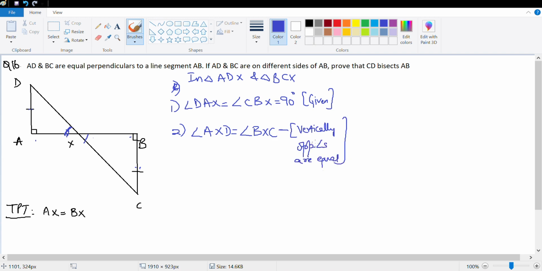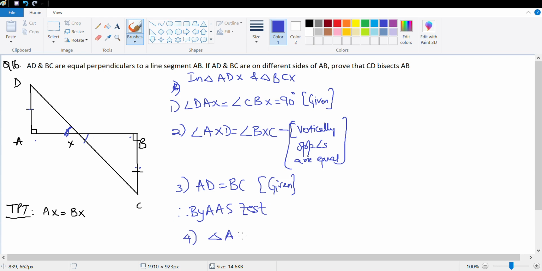That's my part 2. So these two things visually I got, and the third, side AD is equal to BC. This is given. Therefore, by the angle-angle-side test, number 4, triangle ADX is congruent to triangle BCX, where A corresponds to B, D corresponds to C, and X corresponds to X. So triangle ADX and triangle BCX are congruent.